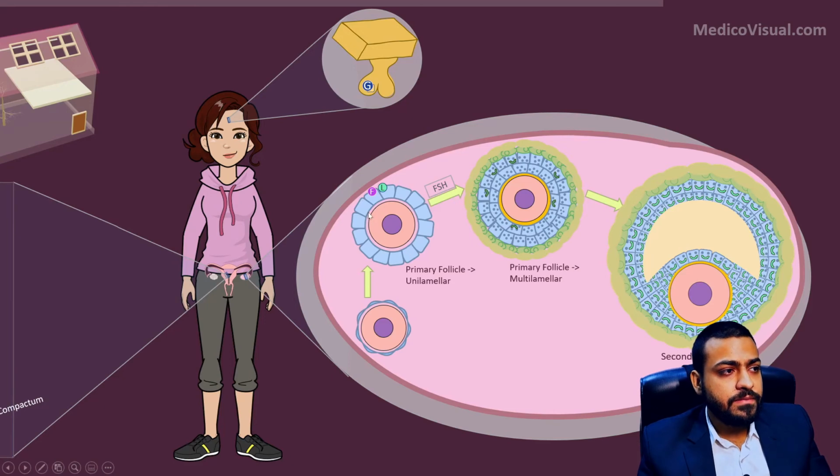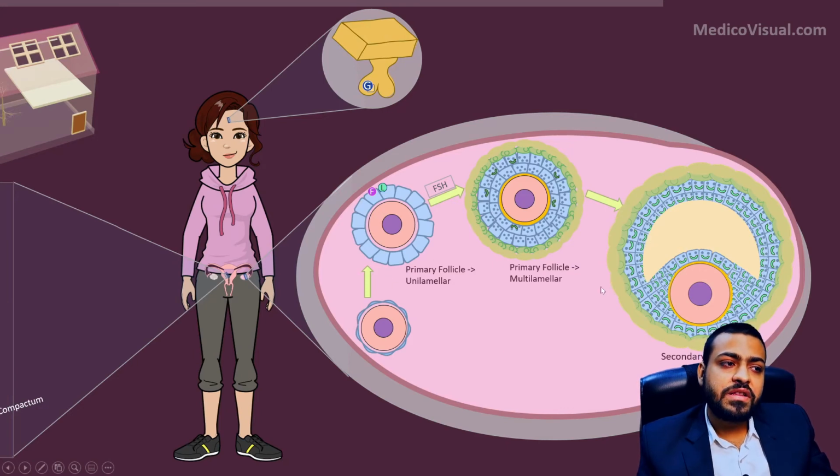Some authors like to call this a primary follicle, and as soon as the follicular layers become multiple, that is multi-layered, they call this a secondary follicle. And when the antrum forms, they call it a tertiary follicle, right?